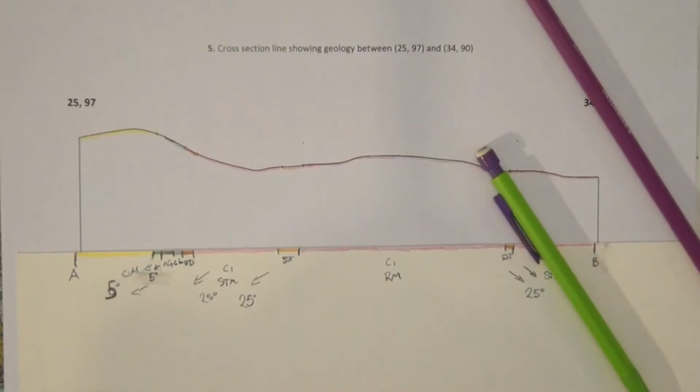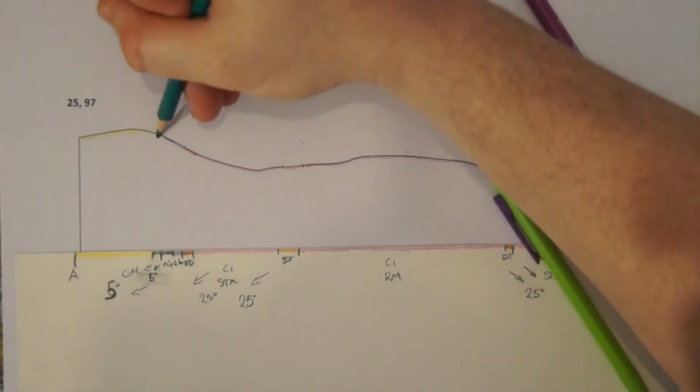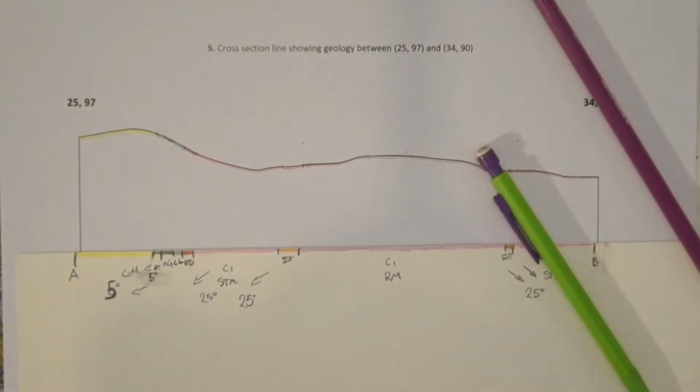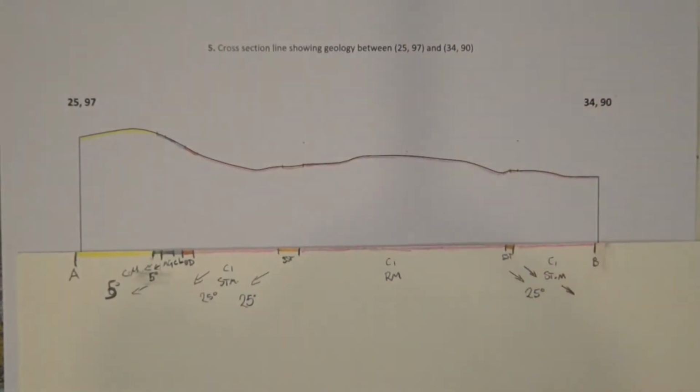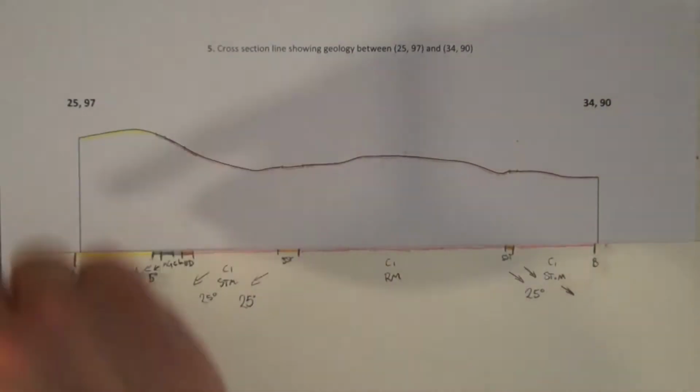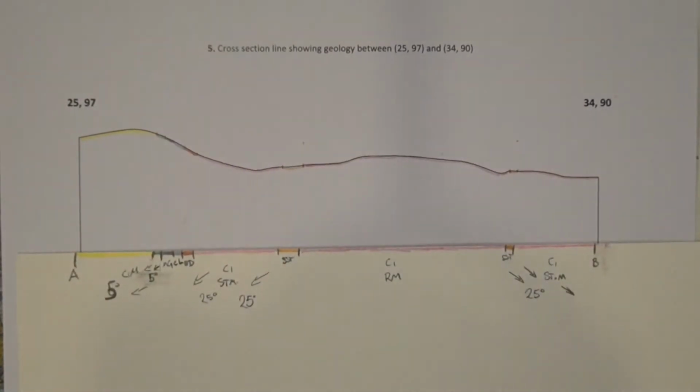Let me get the yellow. Where's the green gone? There. So at least we know what rock types we'd walk across along the surface, even if we can't plot them at depth yet. We know that that's what we see at the surface.